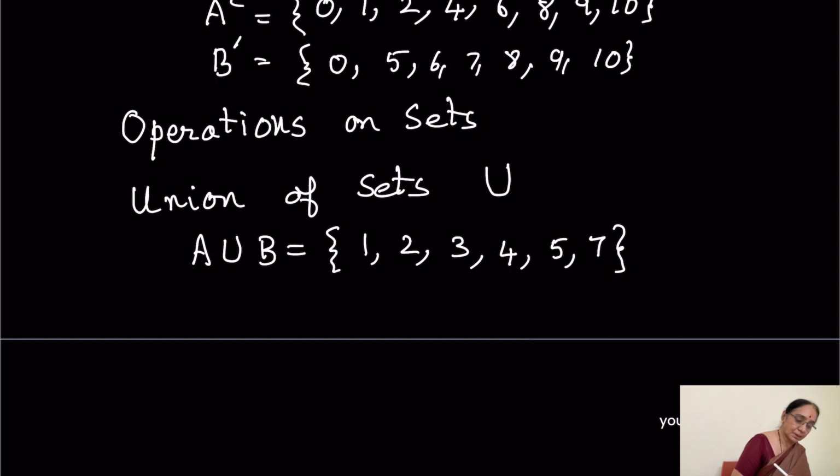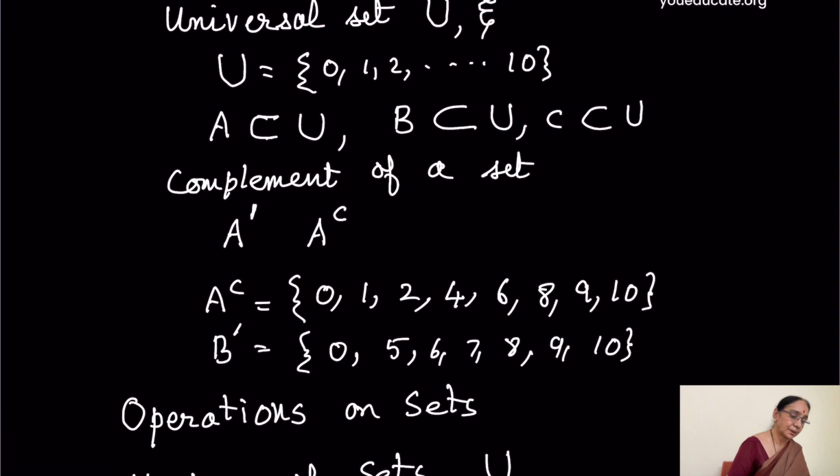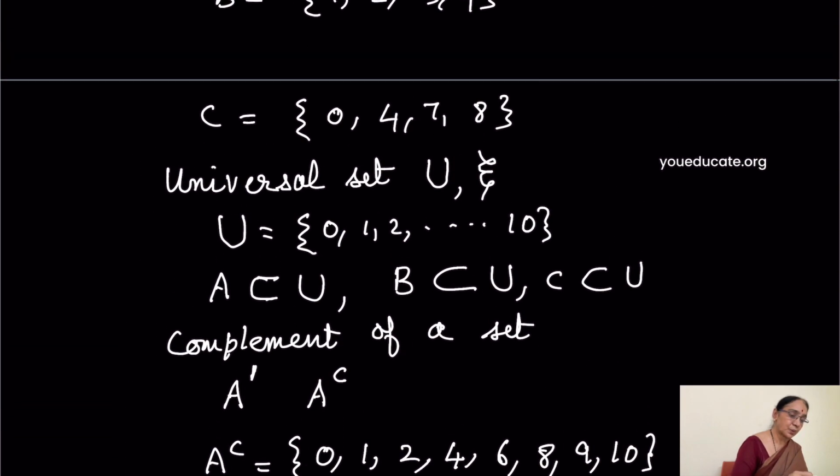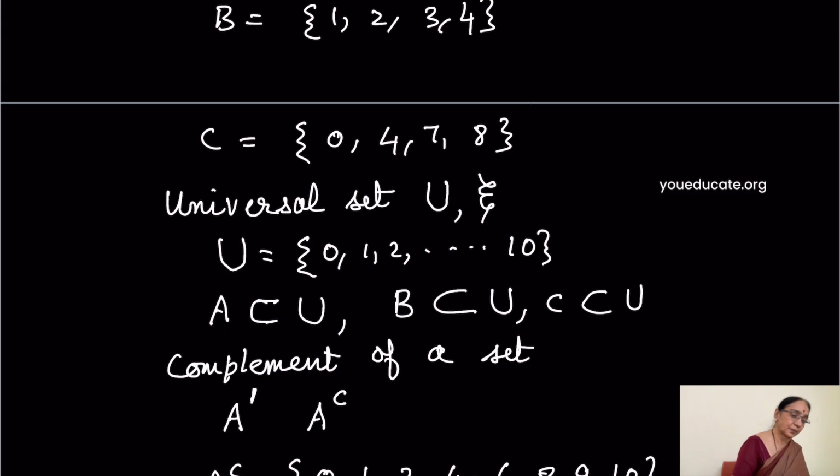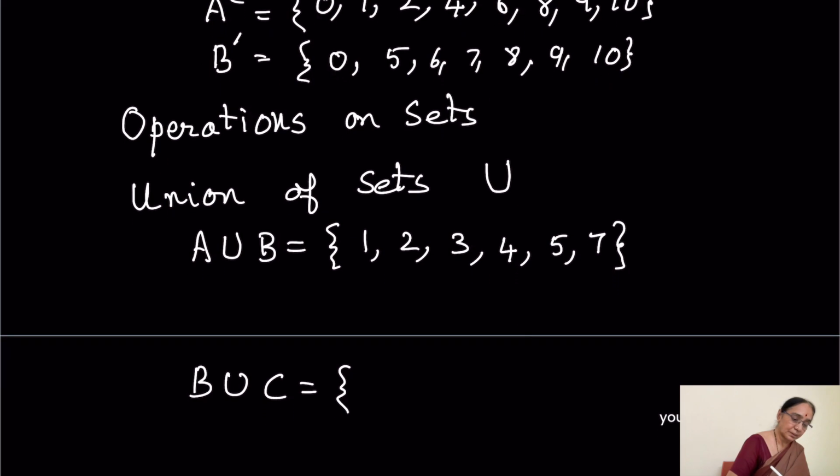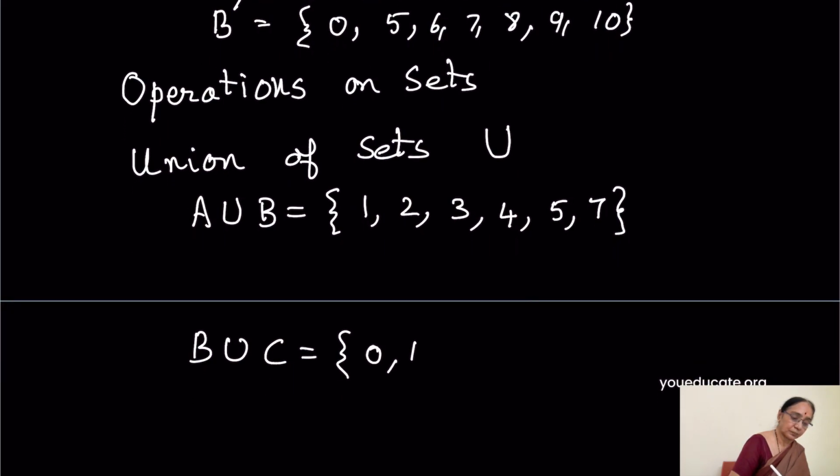So what is B union C? What do we have in B? B is 1, 2, 3, 4. C is 0, 4, 7, 8. So list all the elements that are in B and also in C and put them in order.